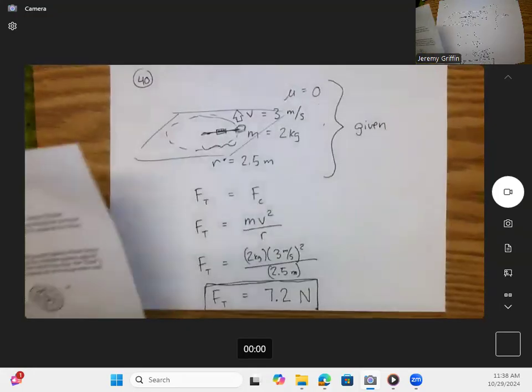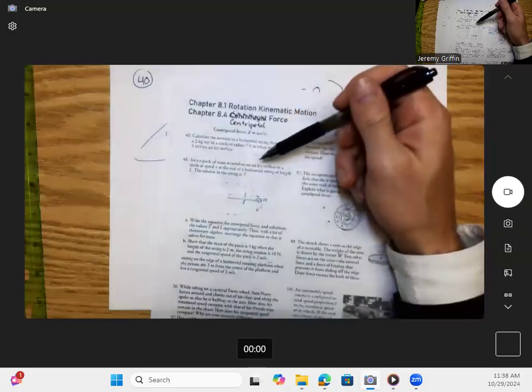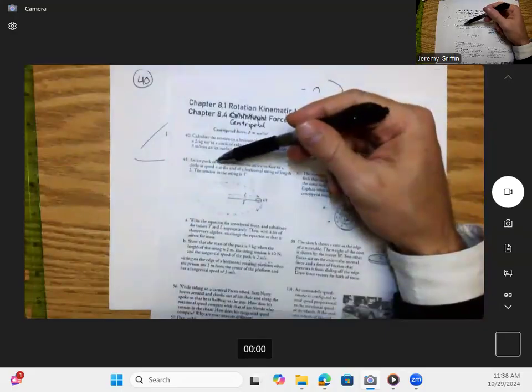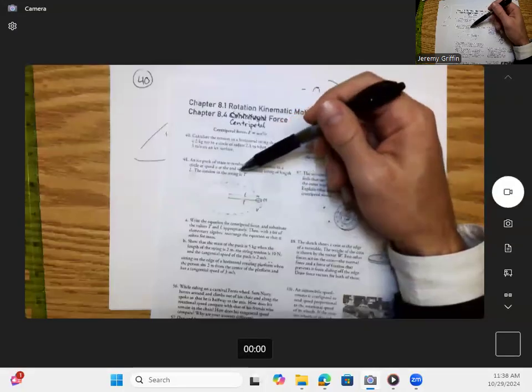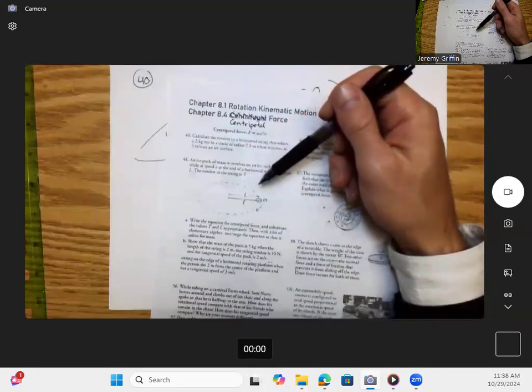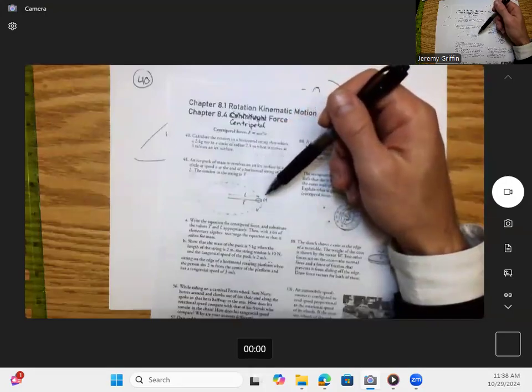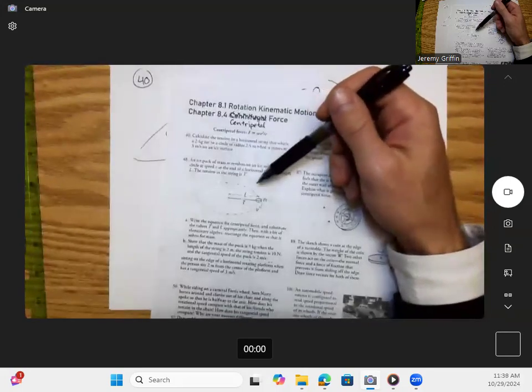Okay, number 48. An ice puck with some mass m revolves on an icy surface at circle speed v, on the end of a string of length L. The string tension is T. Hey, it looks like what we just did, except now it's in terms of variables. If you replace the numbers with variables, it's the same thing.